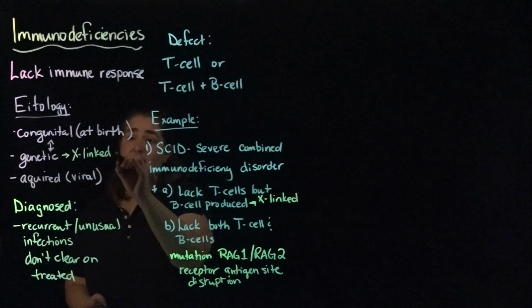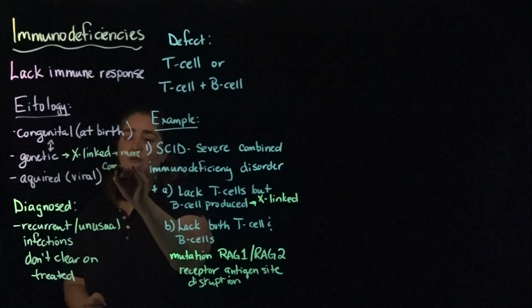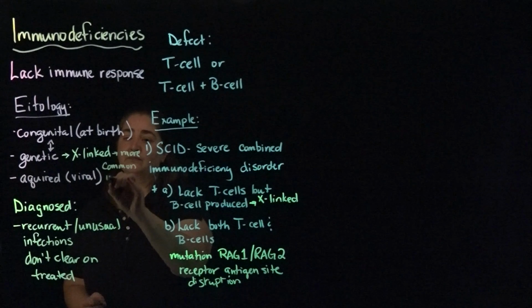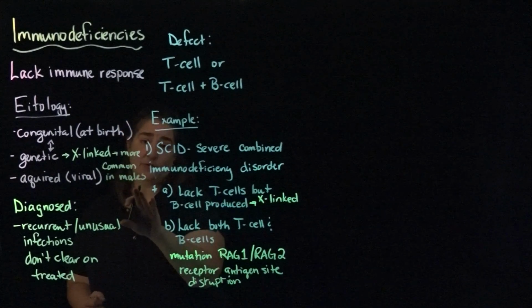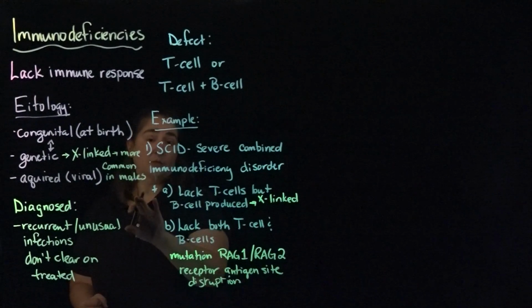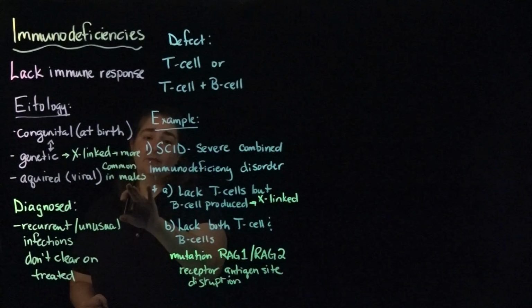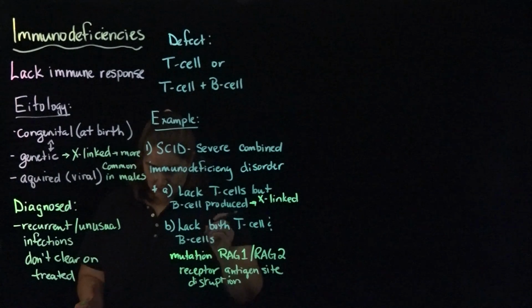Because it's X-linked, it's going to be more common in males because males inherit one copy of the X chromosome from mom. From dad, they get the Y chromosome. So if they have a mutation in a gene on the X chromosome, they're going to show the trait, okay?